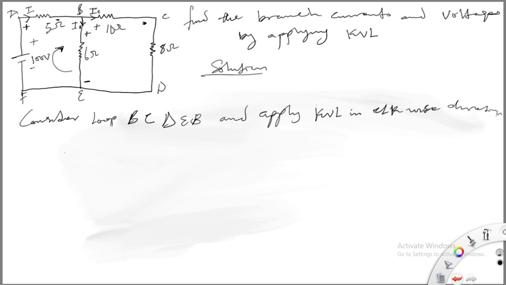So we're applying it in clockwise direction this way, remember. Okay, what do we have? We would start from this place, from B. Start from B.